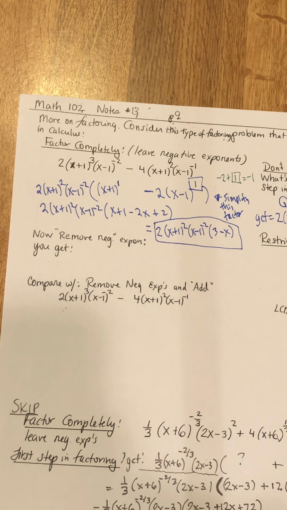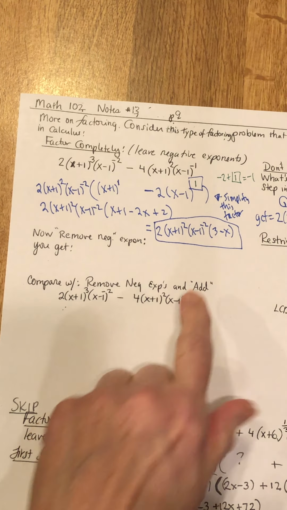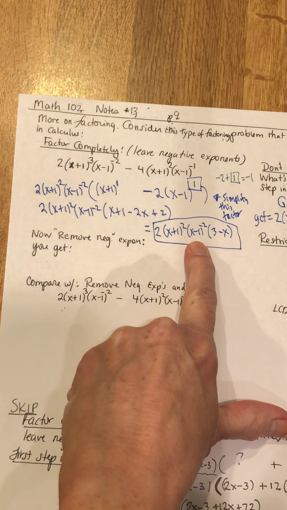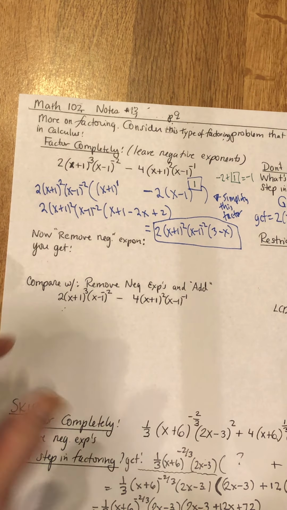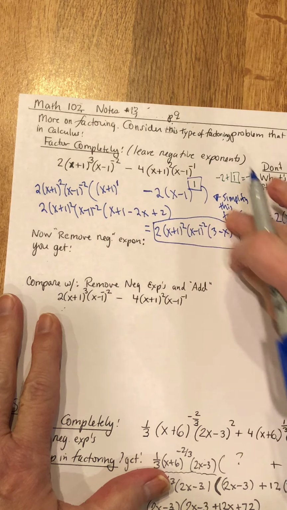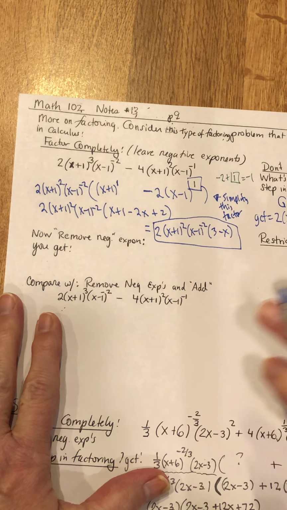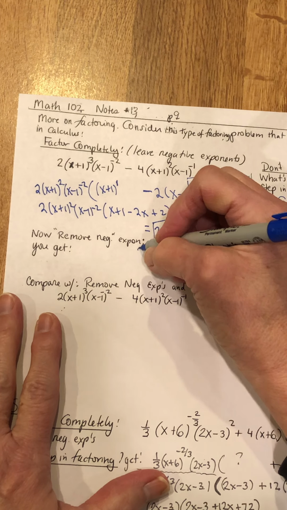Now, it's really important that you realize there are restrictions on this expression. See how I told you to leave the negative exponents, but if you remove the negative exponents, this is a factor of the entire term, so you can send that factor to the denominator of that term.